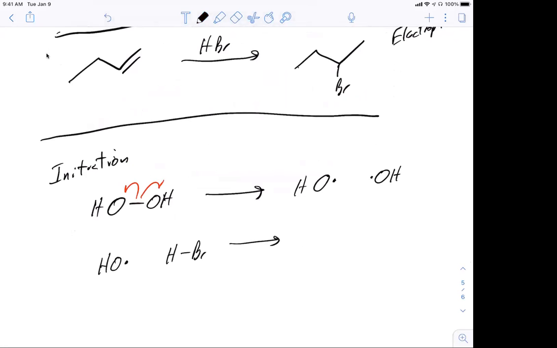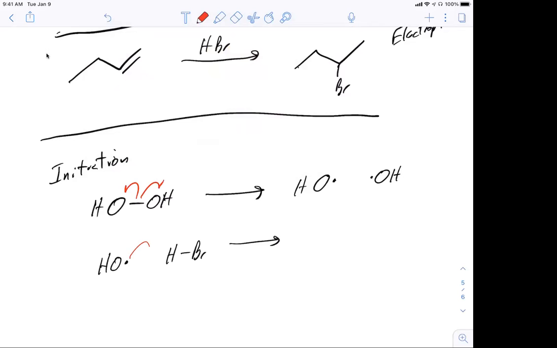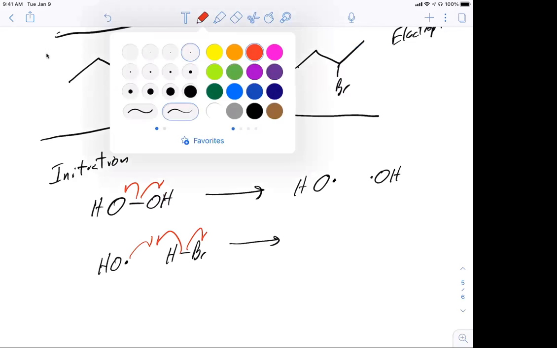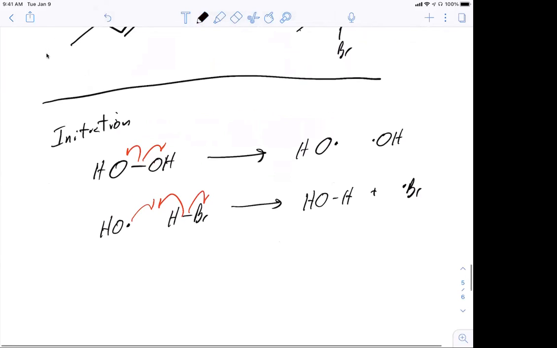Okay, so we got two steps in our initiation here. So half-barbed arrows, we abstract that proton. That forms water plus our reactive radical, the bromide radical.